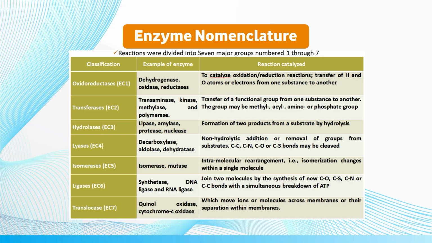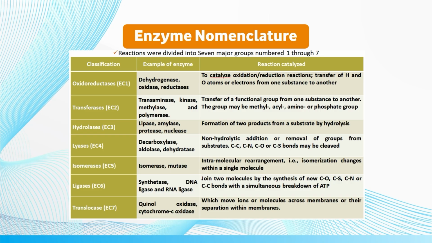Carbon-carbon, carbon-nitrogen, carbon-oxygen, and carbon-sulfur bonds may be cleaved by this group. Then group 5 is the isomerases, which do intramolecular rearrangement, that is, isomerization changes within a single molecule, into different isomeric forms of a compound. Examples of isomerases are isomerase and mutase, group number 5.